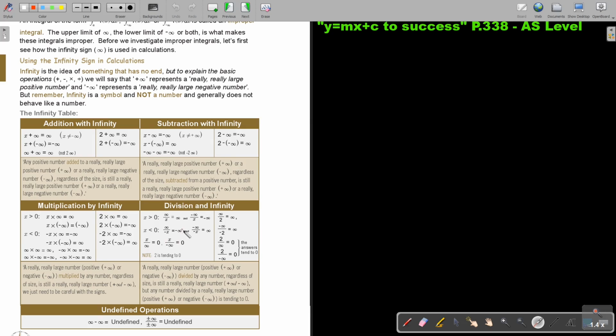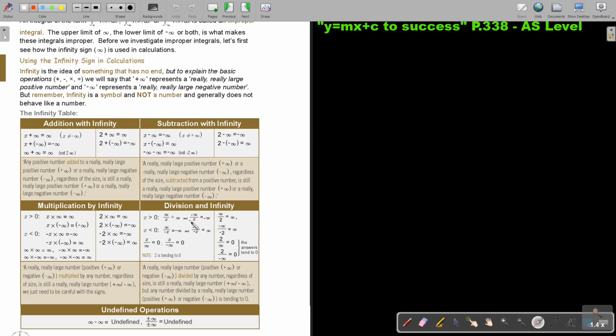In division, now this is very important, it depends where the infinity is. Is it in the numerator or in the denominator? First, the denominator is a number. If infinity is divided by 2, a number like 3 or 4, it's infinity.